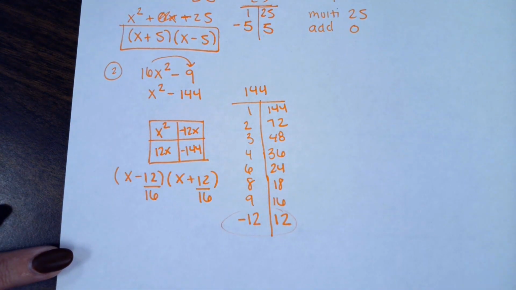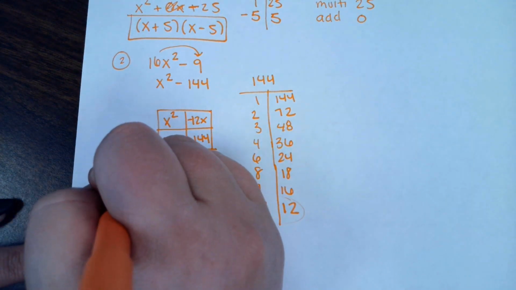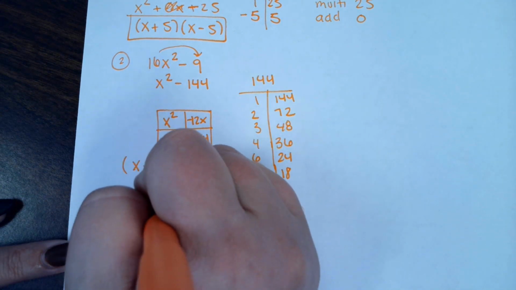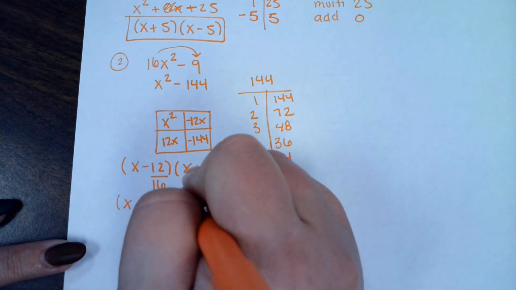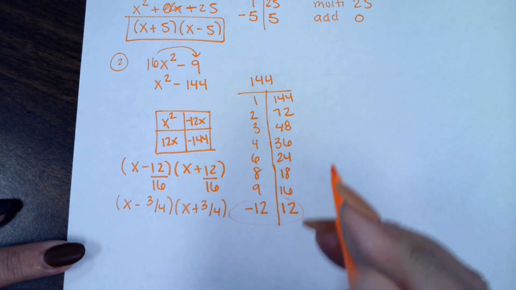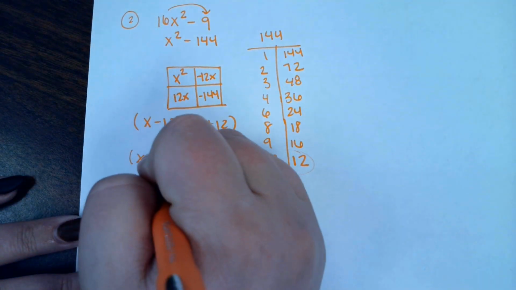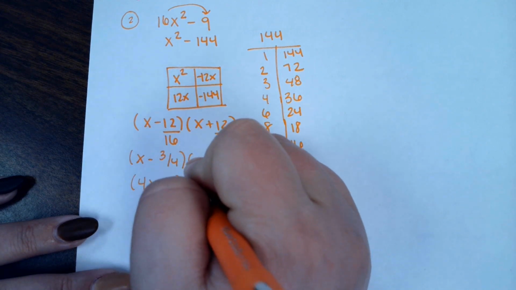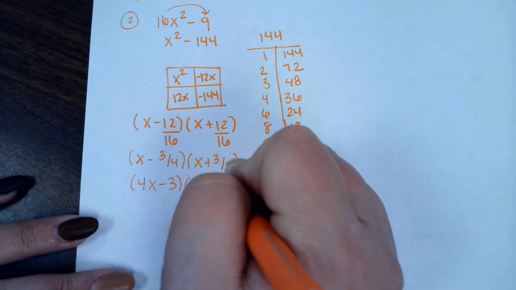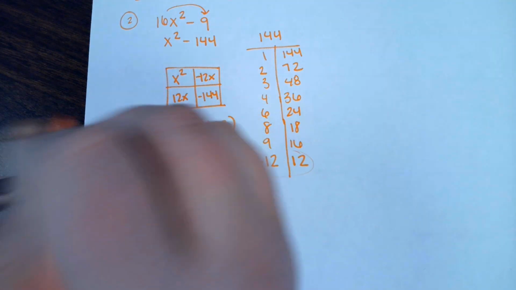This does not divide to a whole number, so we've got to reduce our fractions. x minus 3/4, x plus 3/4, and then send that 4 out in front of the x. 4x minus 3, 4x plus 3. There you go.